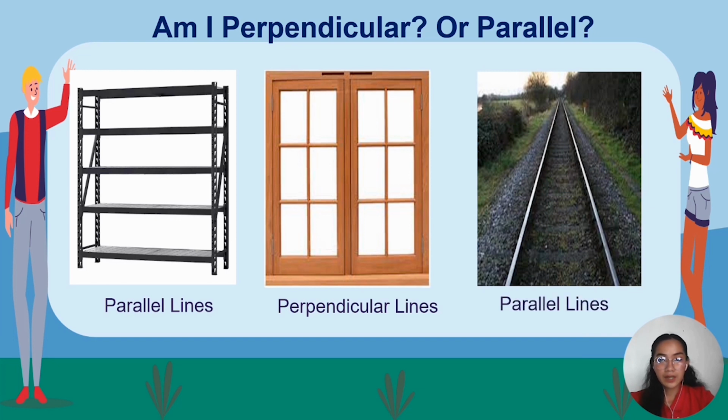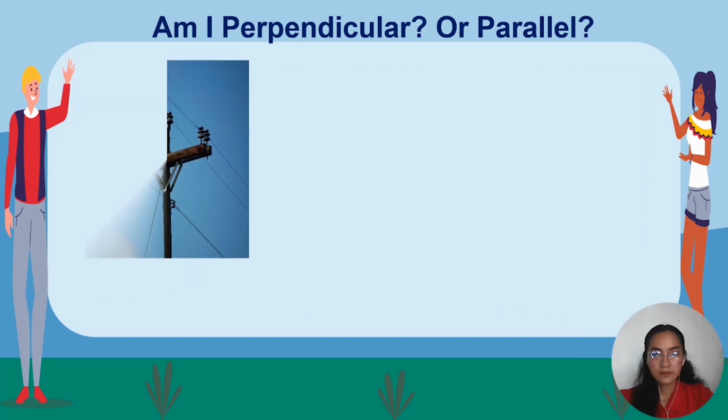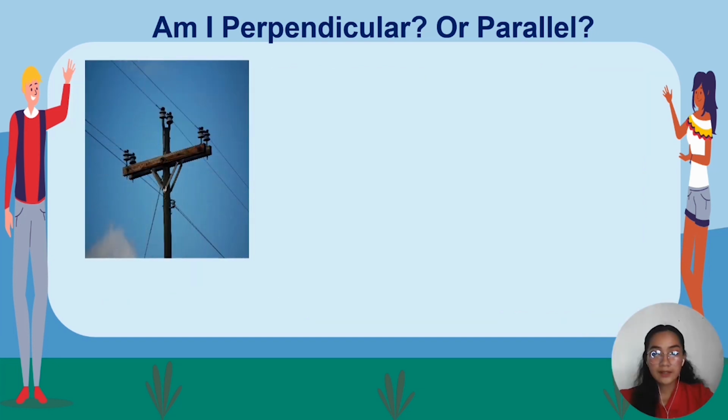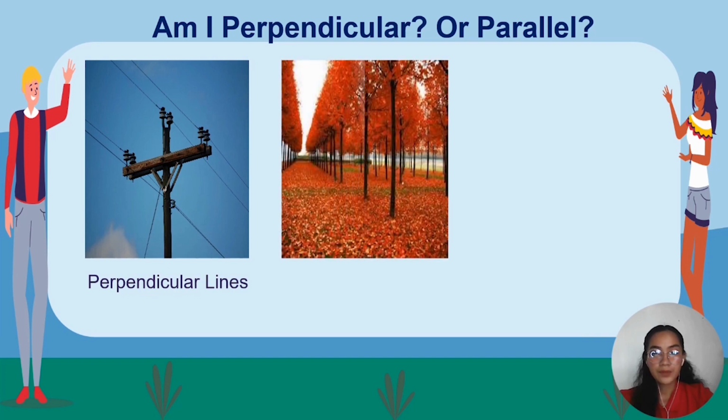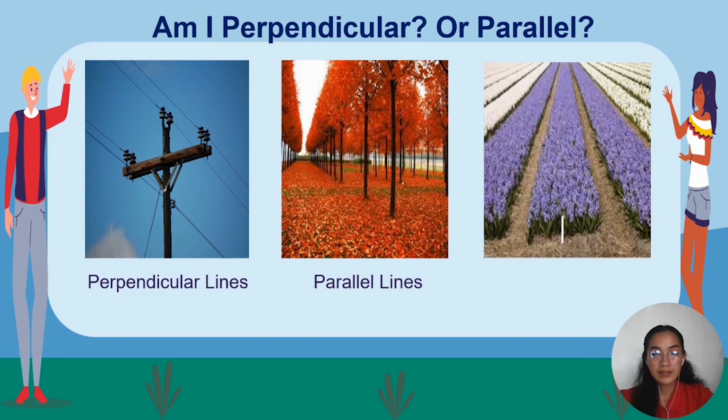Next, we have the seventh image. What do you think is the answer? It is an example of perpendicular lines. How about the eighth image? What do you think it is? It is an example of parallel lines. And the last image is an example of parallel lines.